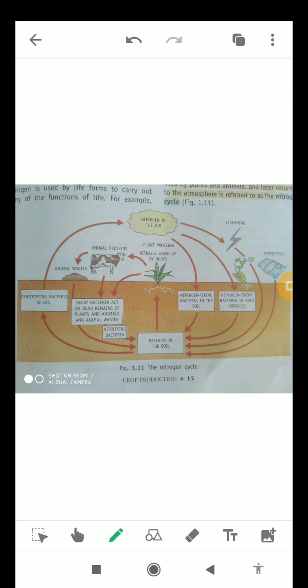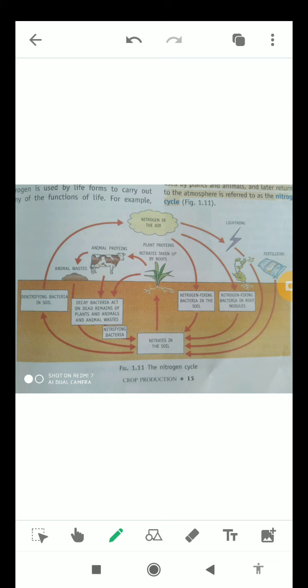Okay, and in the upper picture you can see that nitrogen is present in the air, and there is also the use of lightning and fertilizers, and nitrogen fixing bacteria in root nodules of leguminous plants are present, and nitrogen fixing bacteria are present in the soil. And once they convert the nitrogen into the soluble form, or we can say the nitrates form, then it is absorbed by the plants.